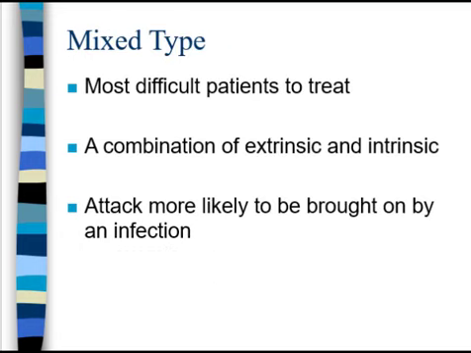There's also a mixed type, which is a mixture of extrinsic and intrinsic asthma. It is difficult to treat, and the attacks are more likely to be brought on by an infection.